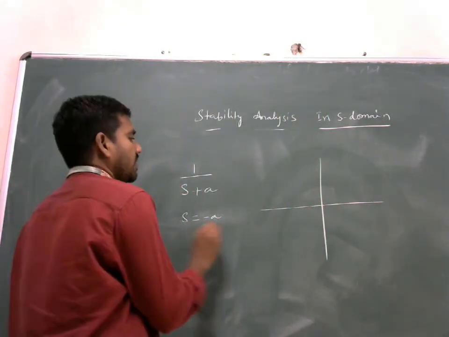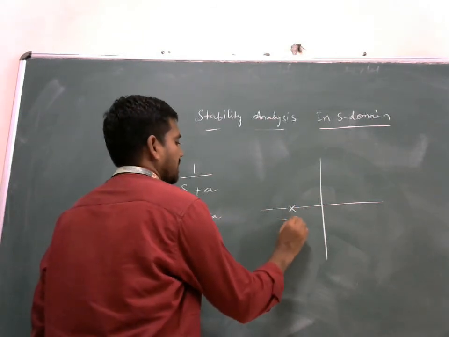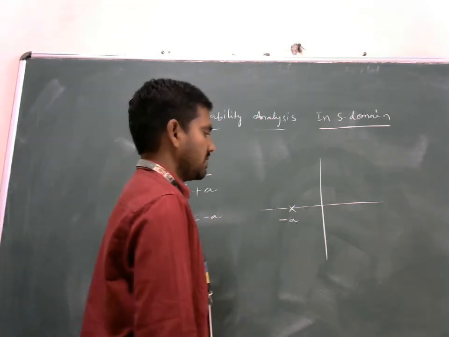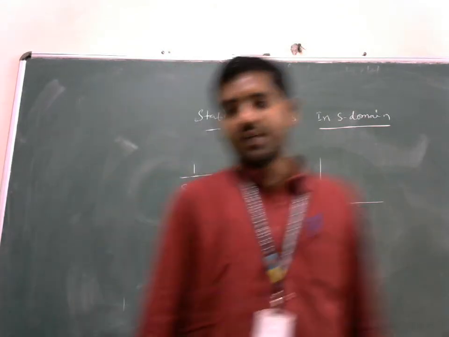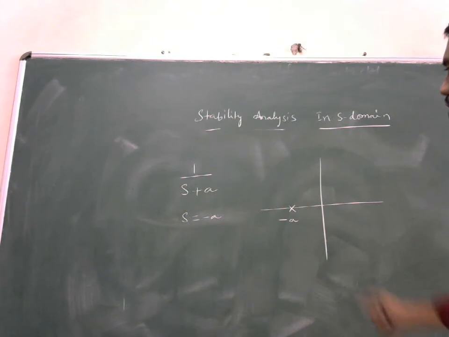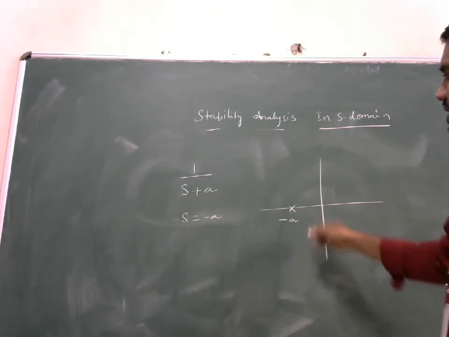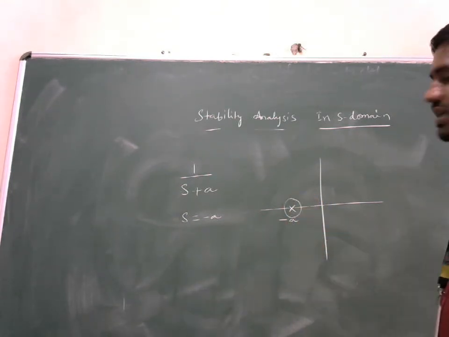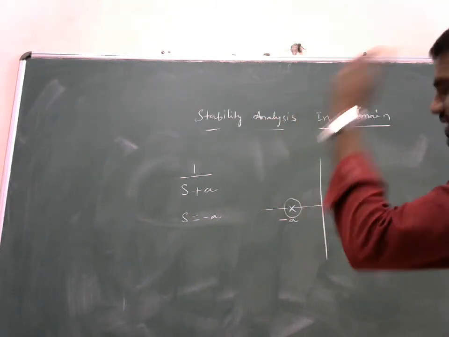Where will it be located? The pole is represented with a cross on the left side. Now you have a left hand side and a right hand side. How many poles are there? Only one pole, and that pole is located in the left half of the S plane.